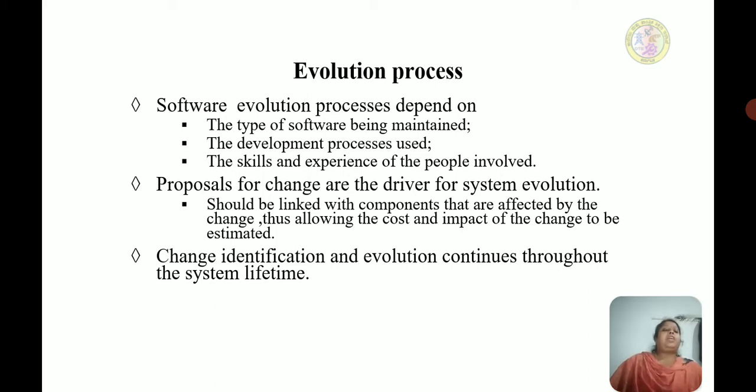If one component is linked with another component and needs a change, the other is affected by the change. This allows the cost and the impact of the change to be estimated. We need to estimate the cost of the new changes. This identification and evaluation continues throughout the system lifetime.